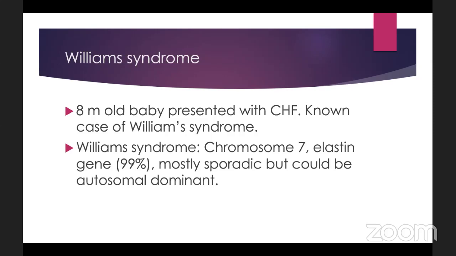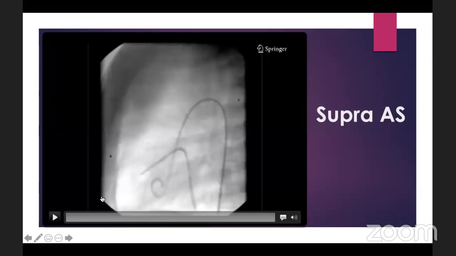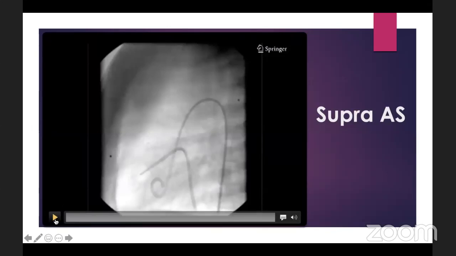It's an 8-month-old baby presented with congestive heart failure and a known case of Williams syndrome. This is a preoperative angiogram or a cardiac cath, which really is not done that commonly, especially for this pathology.